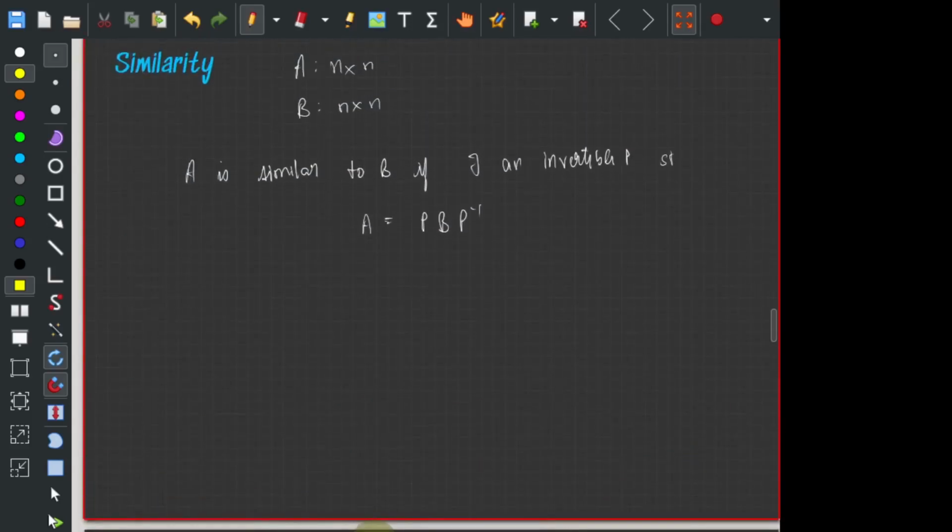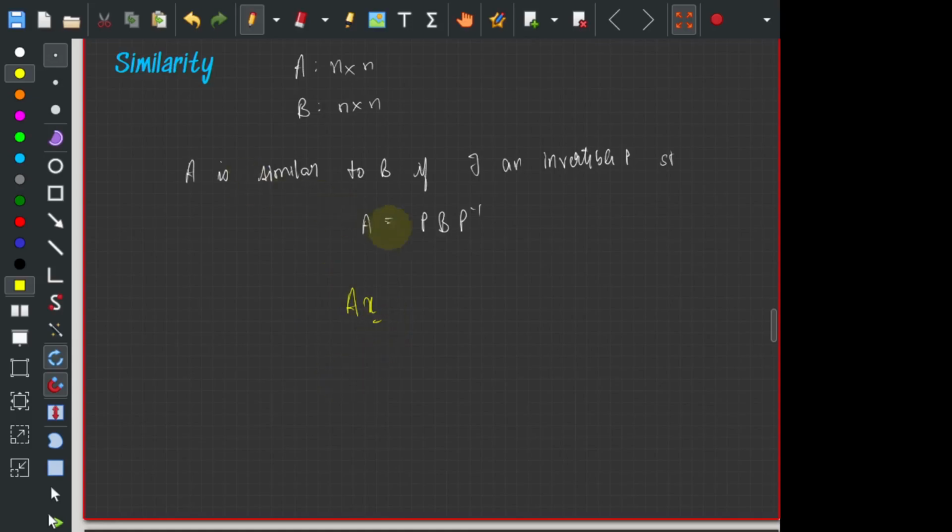Okay, so now, what is similarity in terms of change of basis? If I take any vector x, I want to know what is A times x.